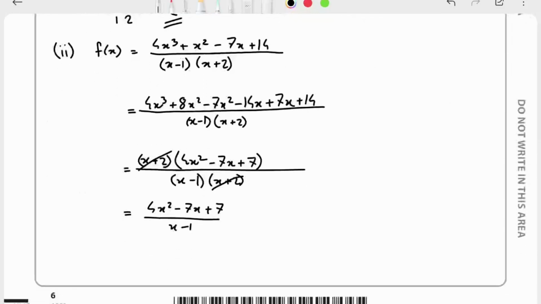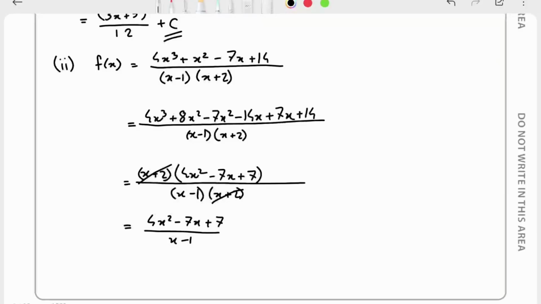We'll repeat the same process with x minus 1. So the first term will be 4x. So it's 4x squared minus 4x. That leaves us with minus 3x to make minus 7x. For minus 3x, we'll have to take minus 3 here.